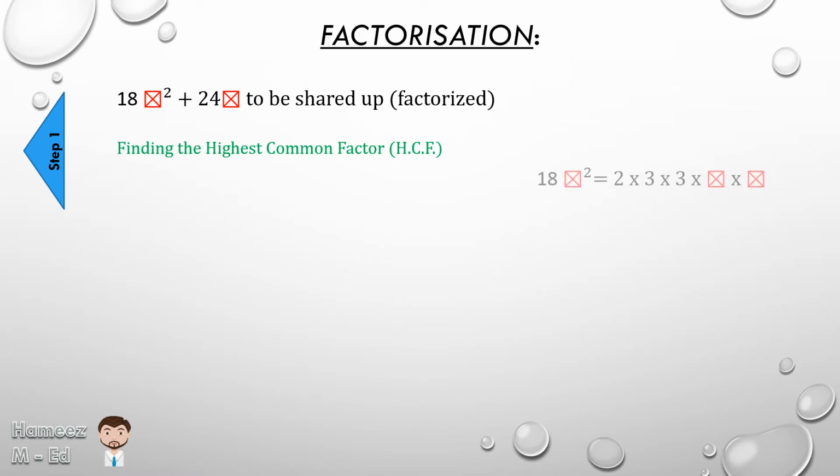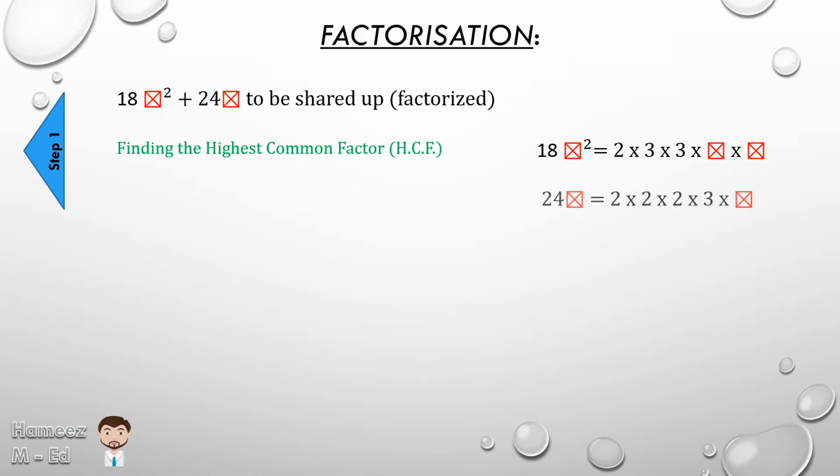We can take the 18x squared and break it up into its smallest prime factors. So it will be 2 times 3, which is 6, times 3, which is 18, times x, which would give us 18x squared.